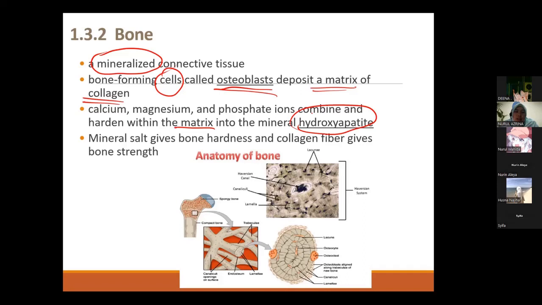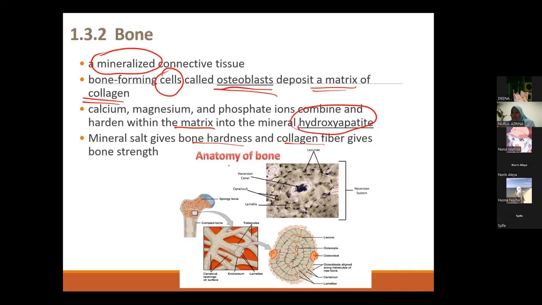So these are what we call a mineralized connective tissue because they have the mineral hydroxyapatite. What is hydroxyapatite? The combination of calcium, magnesium, phosphate that combine and harden within the matrix. The mineral gives the bone hardness and the collagen fiber gives the bone strength.